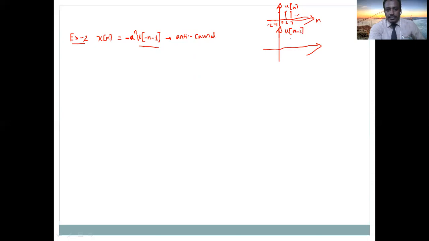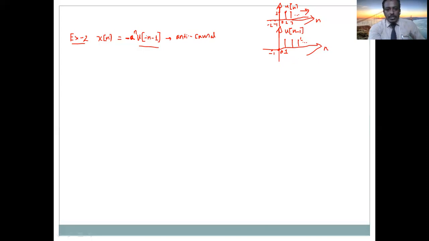The whole signal is shifted towards the right by 1 unit. Now at 0 it is 0, so the signal starts at n equal to 1, with all sample amplitudes 1, up to infinity. This is u of n minus 1.